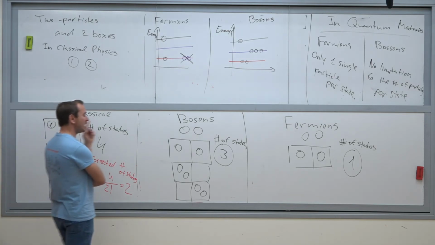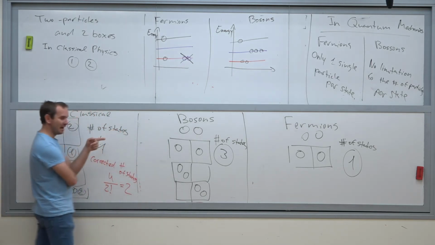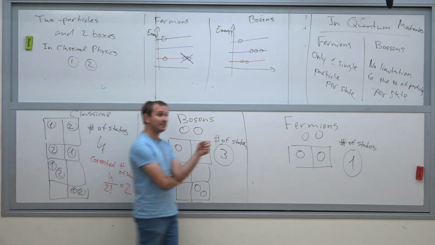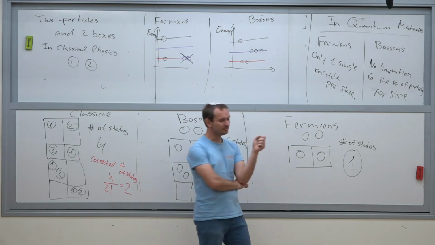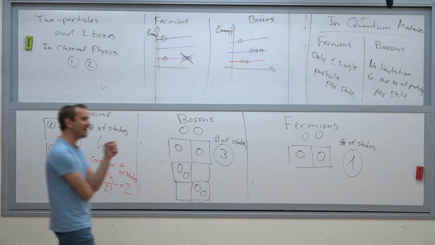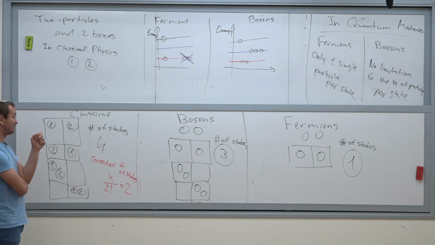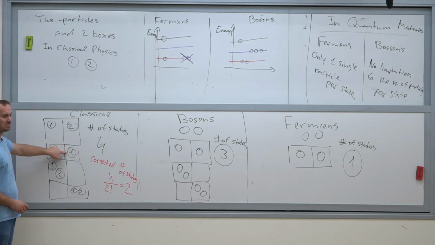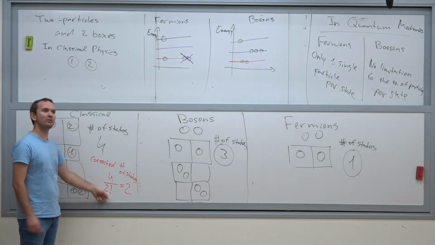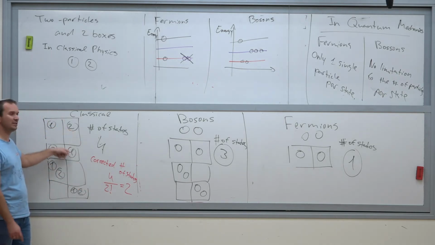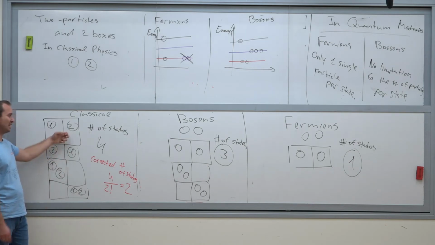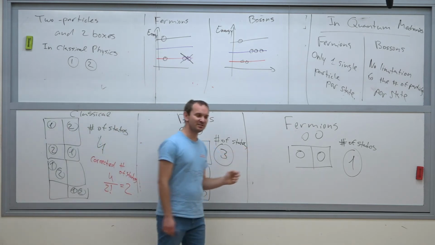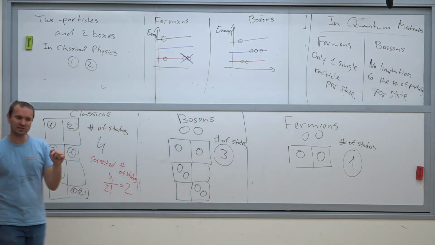So only in this limit, when the temperature is high enough, do the classical representation, the boson representation, and the fermion representation all show exactly the same result. Because I don't care about those states, I care only about these states, and I divide by the number of permutations, which only works here. So I should get 1 state for the classical, for the boson, and for the fermions. And only because of this does it work.